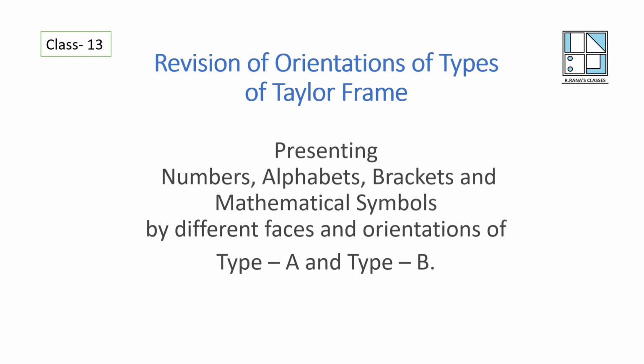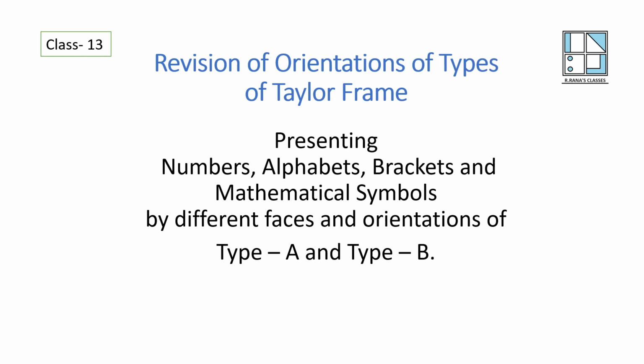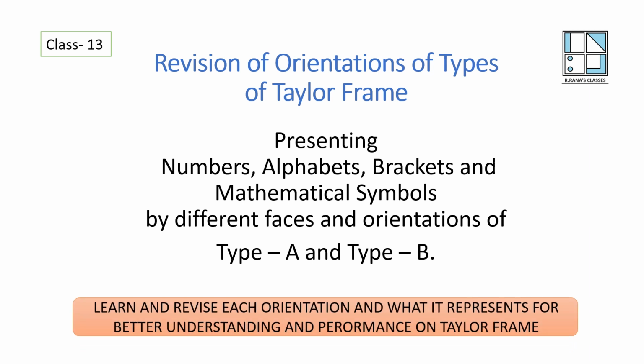This is required to understand how numbers, alphabets, brackets, mathematical symbols are represented by different faces and orientations of type A and type B. Learn and revise each orientation and what it represents for better understanding and performance on Taylor frame. This will be necessary for our future classes. We are going to start algebra after this.